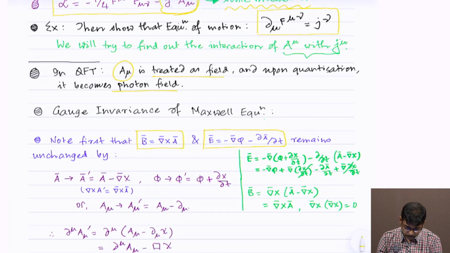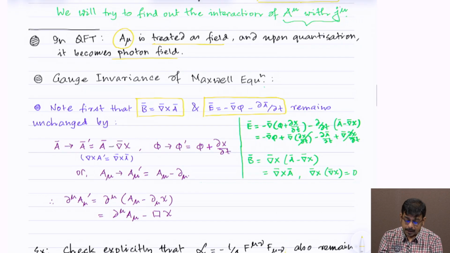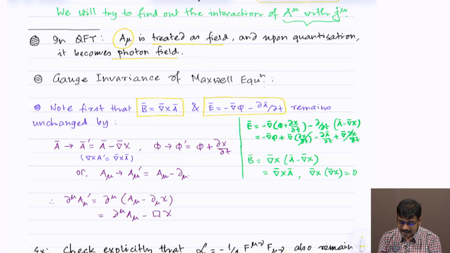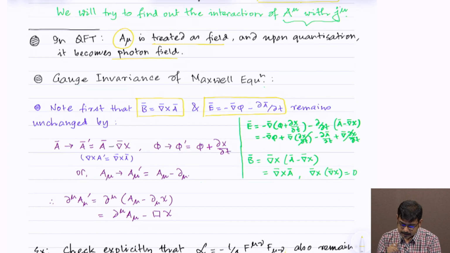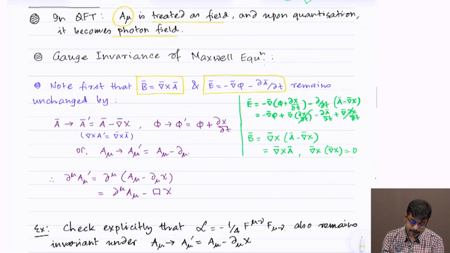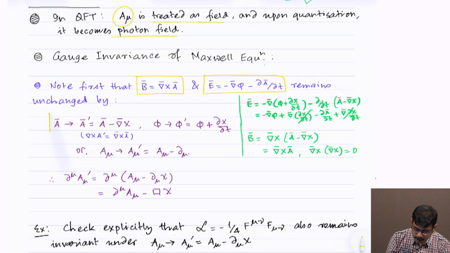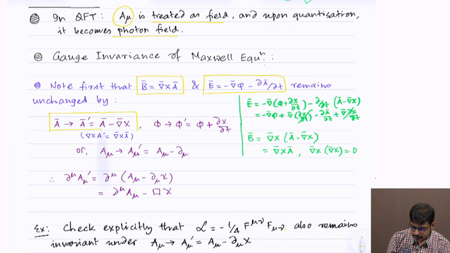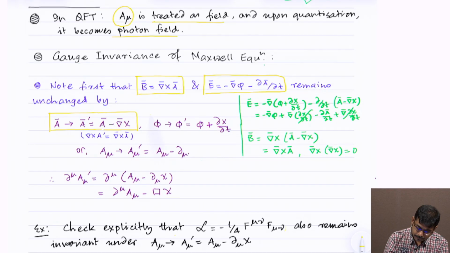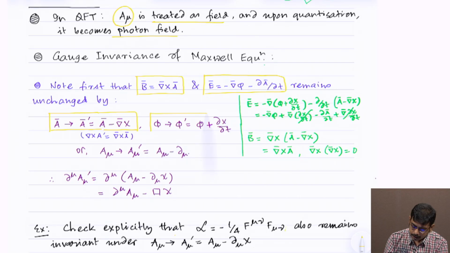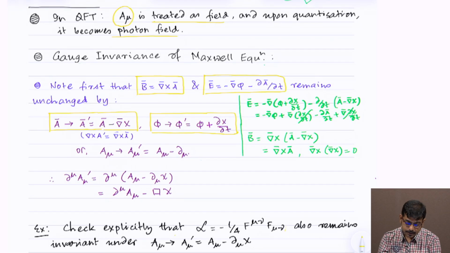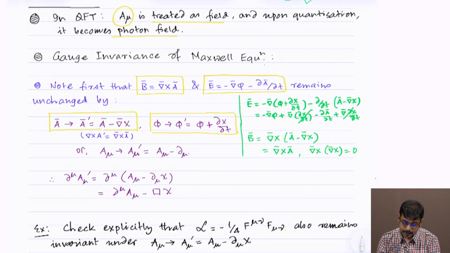However, there is an interesting point to observe: B = curl of A and E = minus gradient of phi minus ∂A/∂t remain unchanged by a transformation A going to A', which is A minus gradient of chi, and phi going to phi' = phi plus ∂chi/∂t. If you do that, you see that B and E remain unchanged.